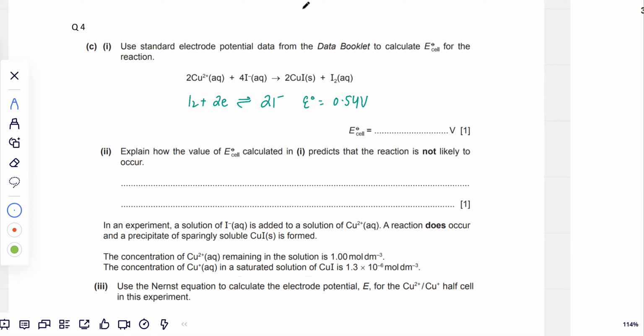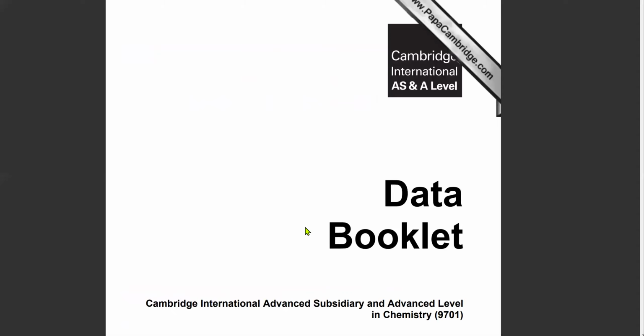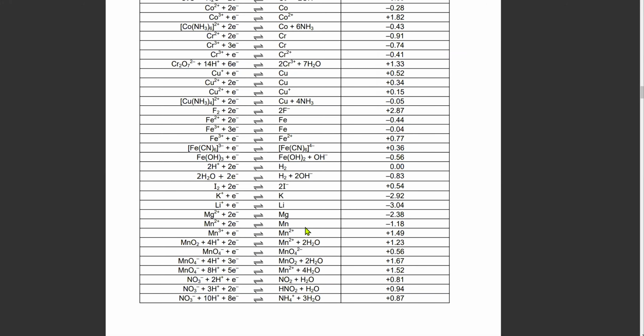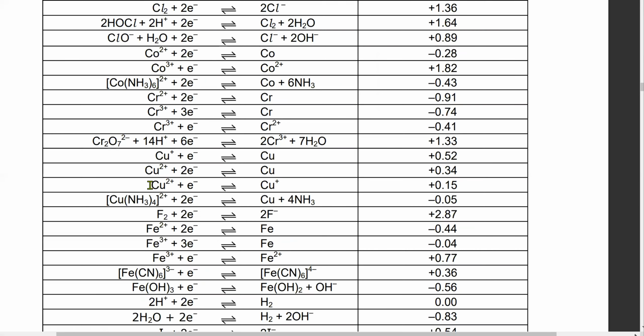And the other electrode, if you look at it carefully, is your copper 2 plus and copper 1 plus. So there's a copper 2 plus, copper 1 plus electrode that has an E naught of 0.15 volts.